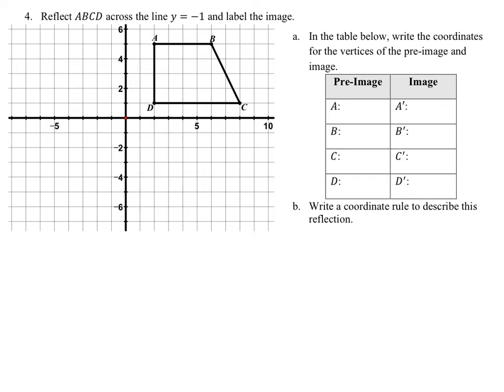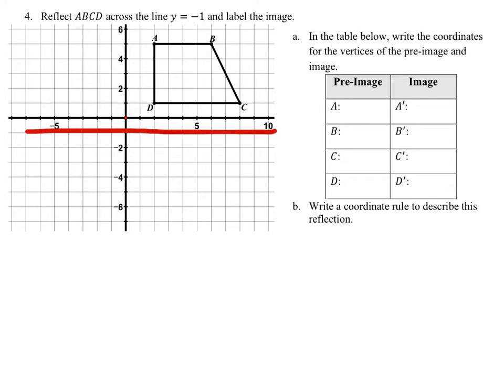Let's give you guys 2 minutes to reflect this trapezoid A, B, C, D across the line y equals -1. So I'm going to draw for you guys the line of reflection. That's at y equals -1, which would be right here, okay?